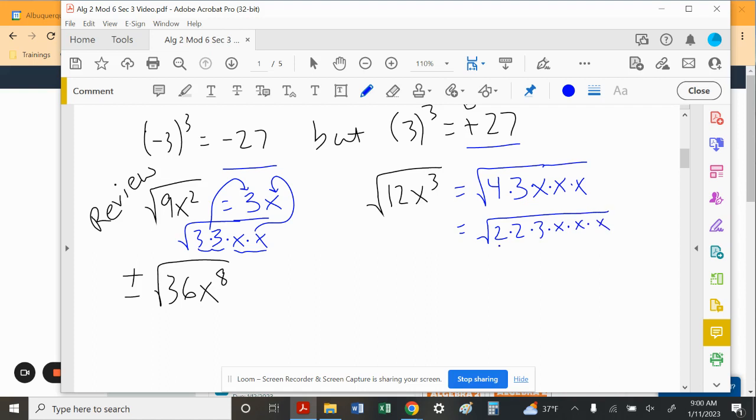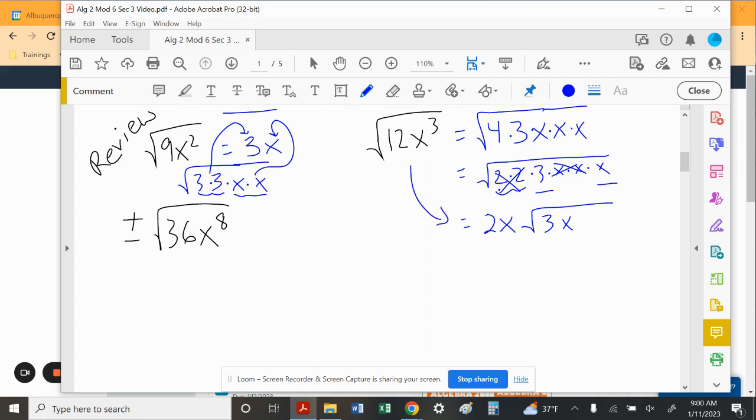So for every 2, I can take out one of those numbers. I can't take out a 3. Notice I have three x's, so I can take out one x. Therefore, I have left over a 3 and an x. And so I have 2x square root of 3x, and that's reduced down.